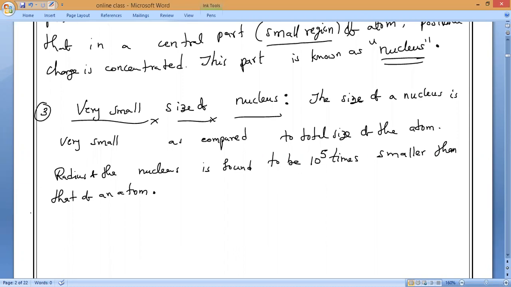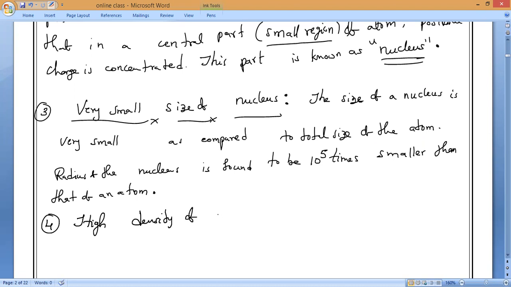Last one. You people might not have noticed, you can write it. That is bouncing back. Very few particles are bouncing back, completely rebounding. So the nucleus is very thick. Thick means high density. So it is not allowing them to penetrate at all. That is why it is very strong, a high density nucleus.